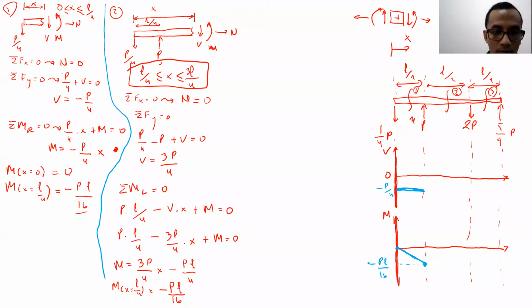Okay. And then the last one is at x equal to 3L per 4.